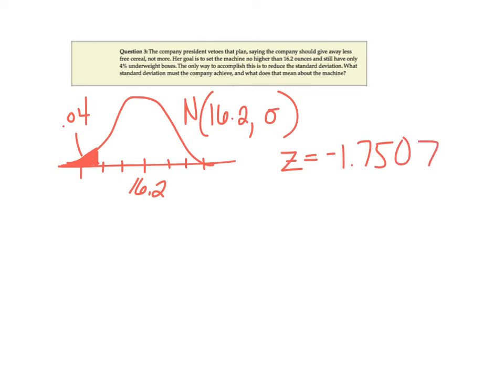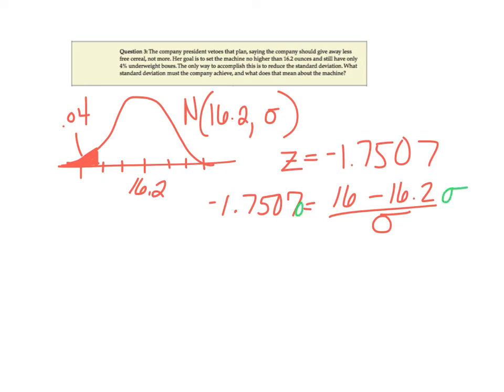So if I go straight to the z-score formula and plug in x, 16 was my particular box, minus, president says keep that mean at 16.2, divided by the standard deviation.